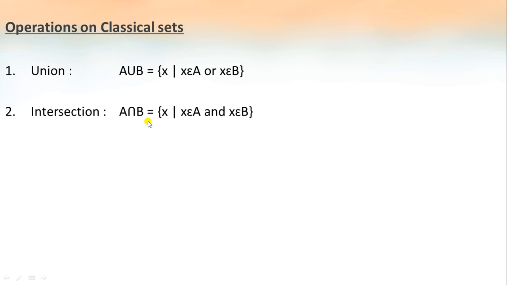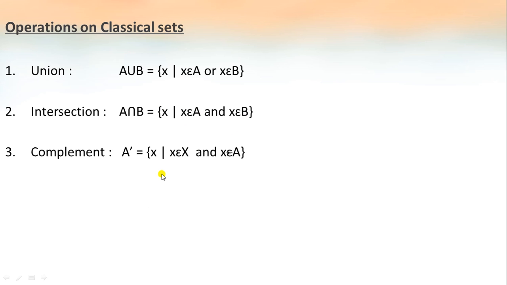A intersection B will return a set which consists of elements that are present in A as well as in B. That means the elements in the set A intersection B must be included individually in the set A as well as in the set B.